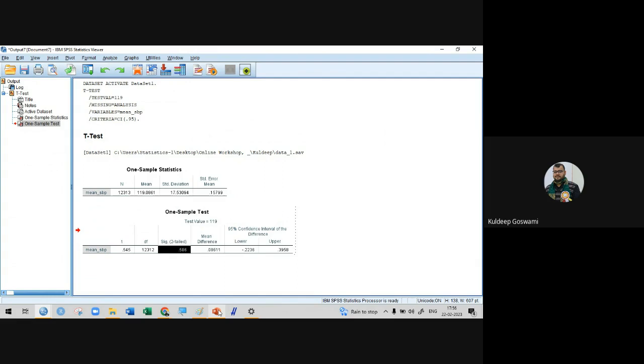So any kind of Likert scale, whether weighted or non-weighted, you can use t-test.